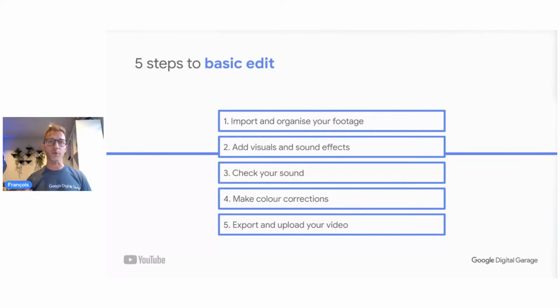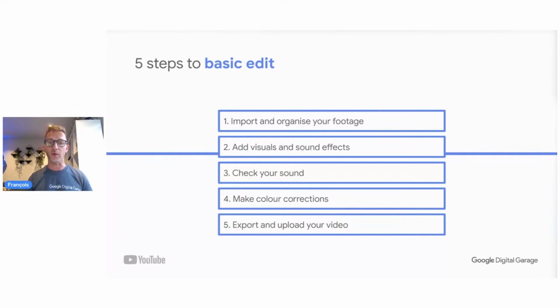First, you're going to import and organize your clips. So it means we've been out on location, we have already shot a lot of samples, and now we want to put everything together. So we need to import it, and maybe drag them left, right, so that the order is changing. Maybe you need to split it. A lot of this editing software now, you can trim clips, you can delete clips entirely, you can also replace the sound.